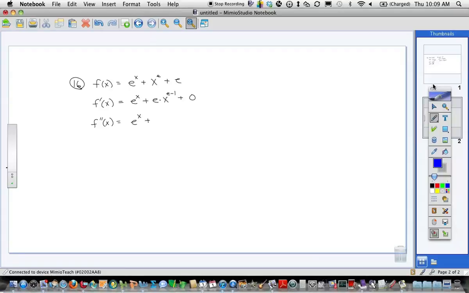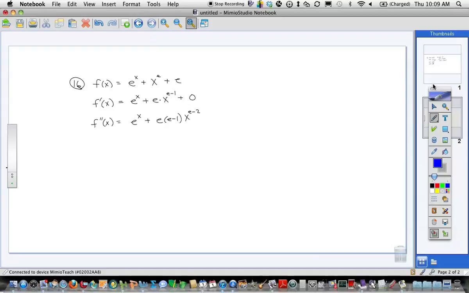It stretches it by a factor of, in this case, e. So it's going to make all the slopes multiplied by e as well. So a number in front just kind of hangs out there. Then what do we do with this? We bring the power down and multiply it there, right? And then this would be x to the e minus 2.